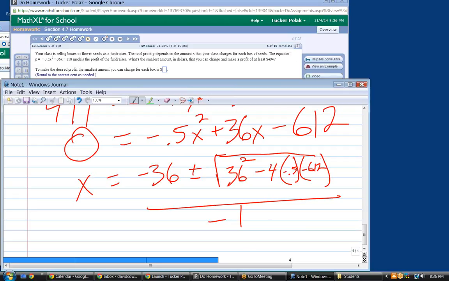Let's do this math. What is 4 times minus 0.5? 4 times minus a half. It's 2. 4 times a half is 2. 4 times minus a half is minus 2.